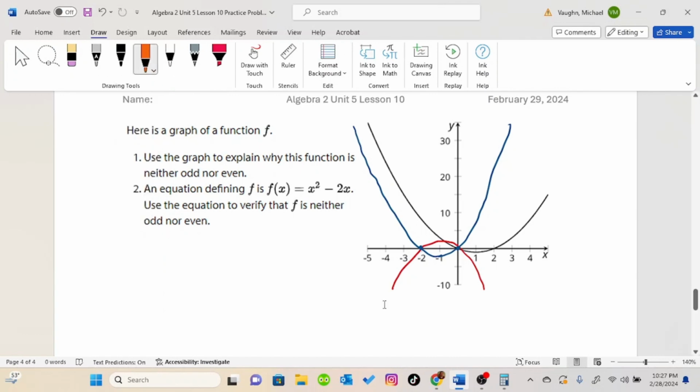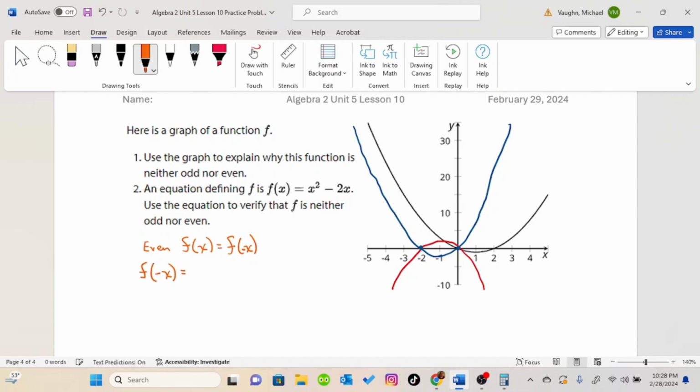Number 2. An equation defining f is f of x equals x squared minus 2x. Use the equation to verify that f is neither odd nor even. So, if this is even, f of x equals f of negative x. So we're going to substitute negative x in for x.